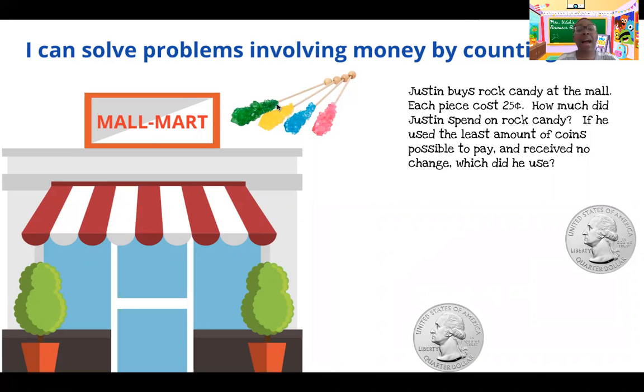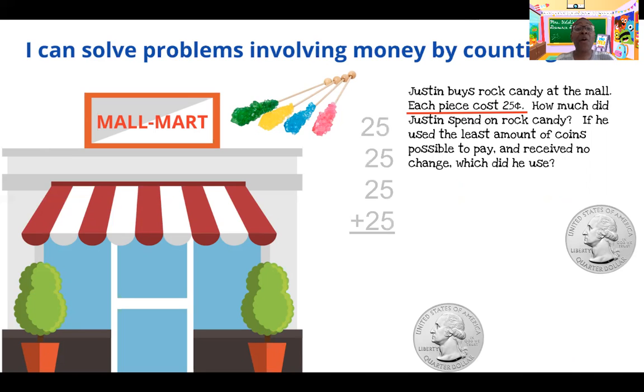So here's our rock candy. Let's think. What do we need to know first? That's right, we need to know that each piece of candy costs 25 cents. And so how are we going to figure out how much Justin spent? Did you say by using repeated addition? If you did, you're absolutely correct. Well, how many times are we going to add the number 25?